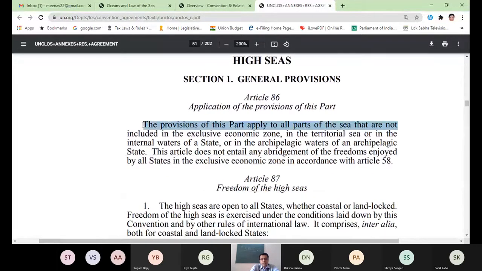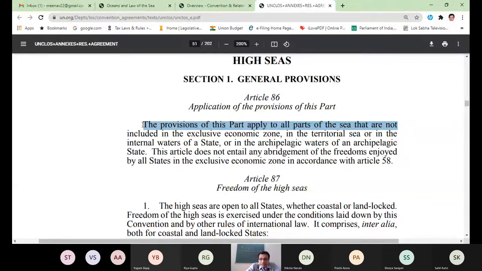You can see the first 2 lines of this highlighted text. The provisions of this part, so this part is of high sea, apply to all parts of the sea that are not included in the exclusive economic zone. That's it. That is why I say beyond 200 nautical miles, because till 200 nautical miles it is exclusive economic zone. Beyond 200 nautical miles it is high sea.